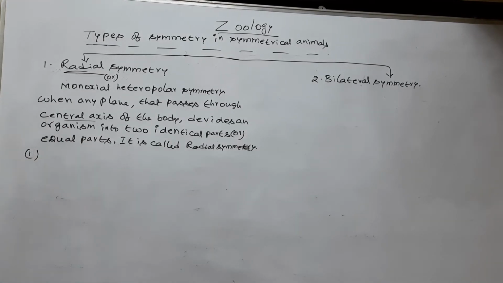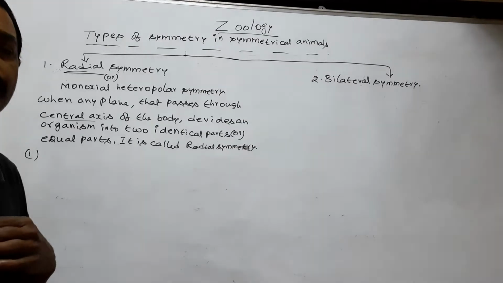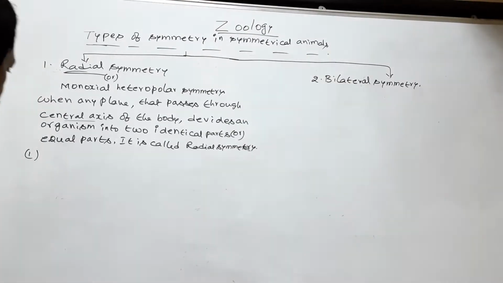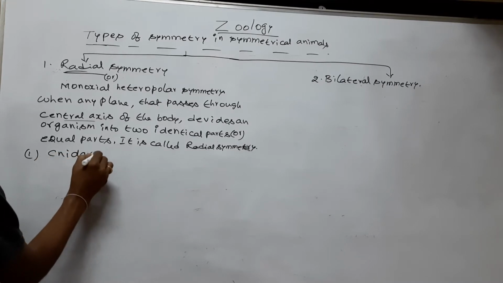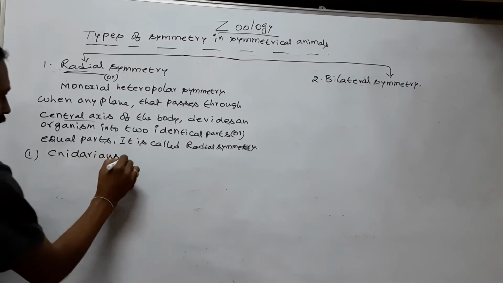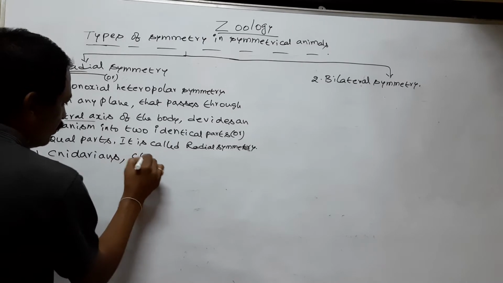So the radial symmetry is the principal symmetry of cnidarians and ctenophores.